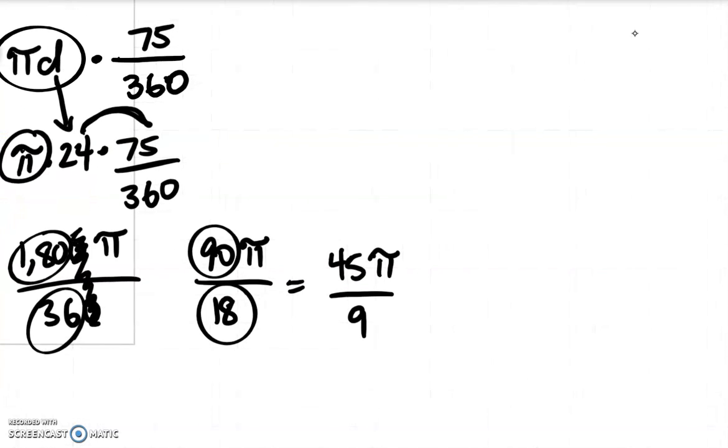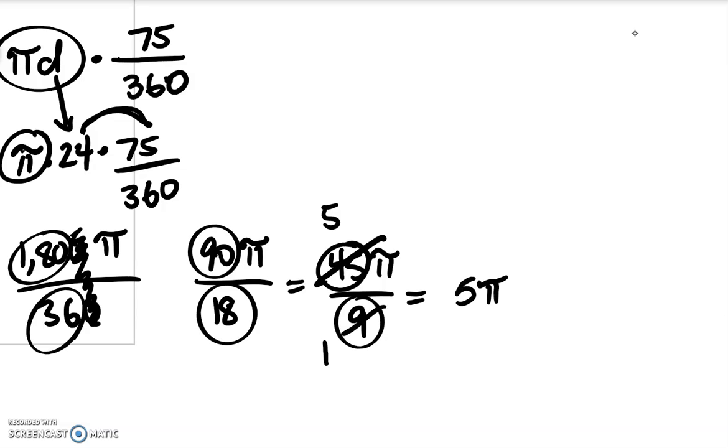And look, I can keep going. Both of these values are divisible by 9. 9 times 5 is 45, so 45 divided by 9 is 5. And 9 divided by 9 is 1. So I end up getting 5 pi over 1, or just 5 pi.